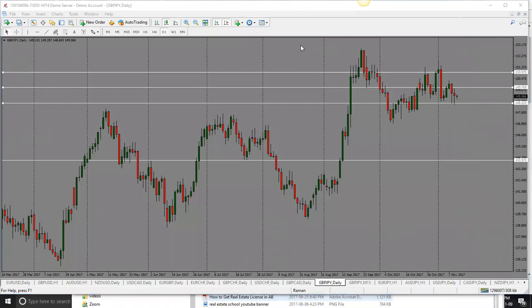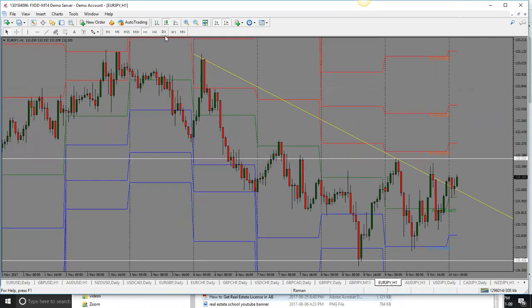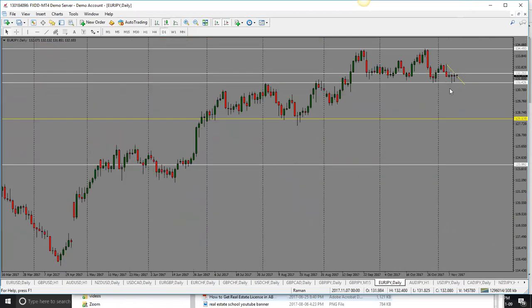Second scenario would be that price will break through this level and then go to the next level, around here, 147.80. So the first target is 148.50, then the 147.80 level.